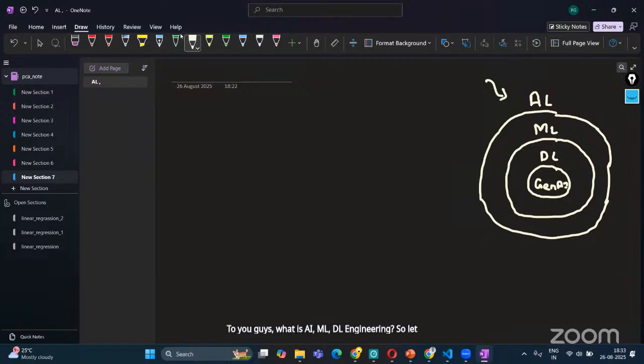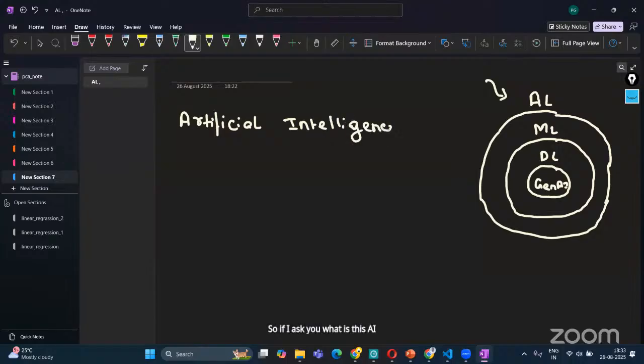So let's first start with AI. AI stands for artificial intelligence. If I ask you what this AI is all about, it is nothing but something that helps us in automating human intelligence. For example, how does a self-driving car work?